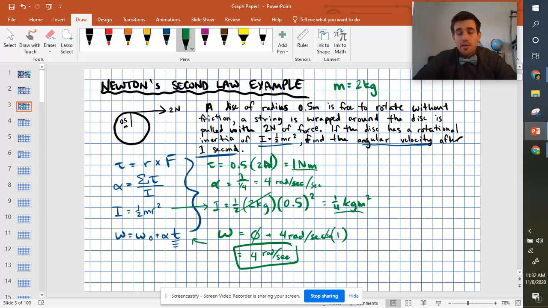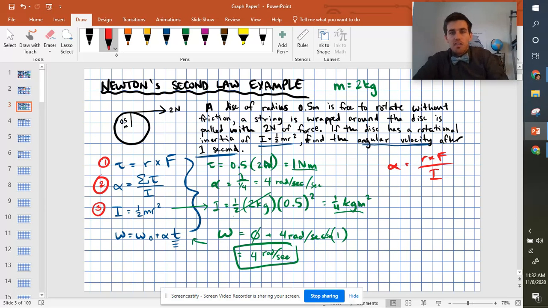Okay, so that's how we would solve that, just stepwise, figuring out what we can do as we go. Or we could start combining equations. We could combine equation 1 and 2 first and say alpha equals R times F over I. We'll call this one equation 1 prime.